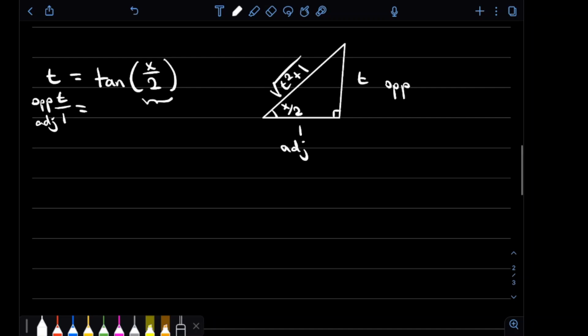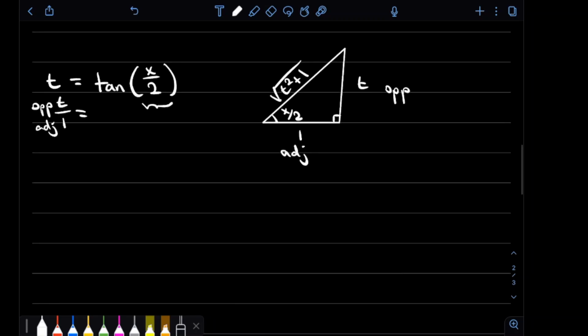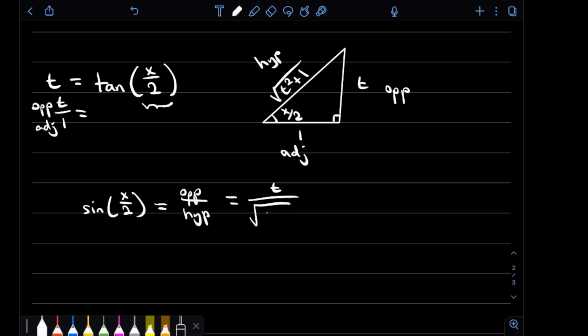Okay, so now we're getting somewhere. Again, I'll label this hypotenuse here. If I take the sine of x over 2, which is opposite over hypotenuse, we get t over the square root of t squared plus 1.